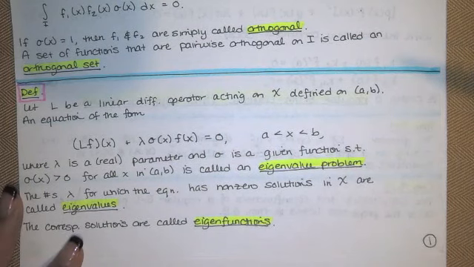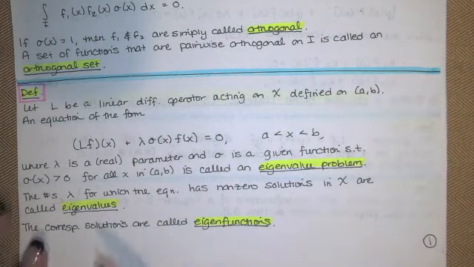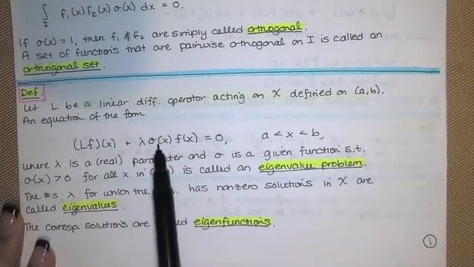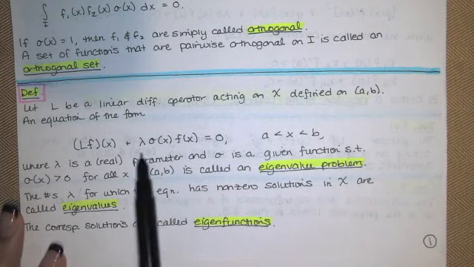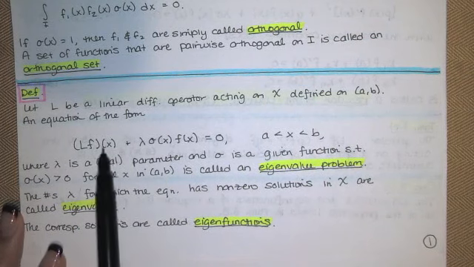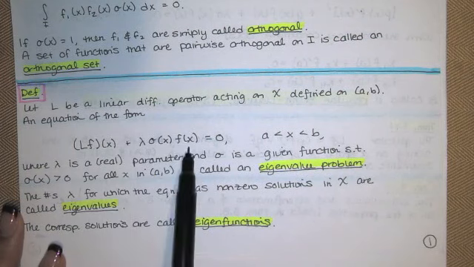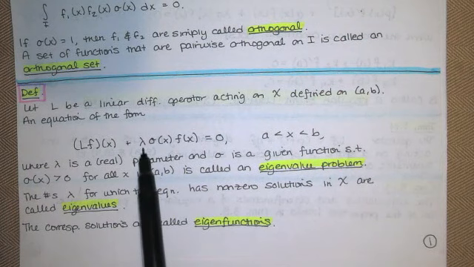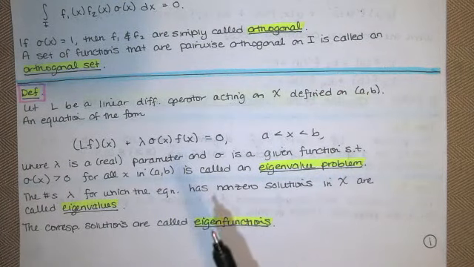Our goal is to find pairs of things. We're going to know the linear operator. We're going to know this function sigma. The only unknowns here are the solutions of the differential equation, f of x. We call those the eigenfunctions, and the corresponding values of this real parameter lambda, we call those the eigenvalues.